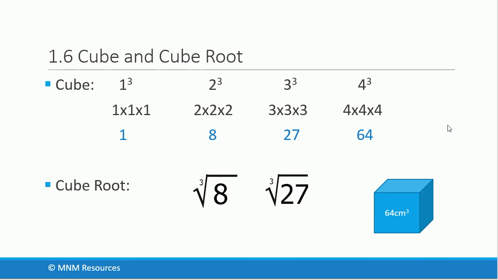So the length, width and the height which are all equal to each other. So x cubed is equal to 64 cubic centimeters. So what is the cube root of 64 cubic centimeters? We know that the cube root of 64 cubic centimeters is 4. So we know that the length of a side of the cube is, in this particular example, 4 centimeters.